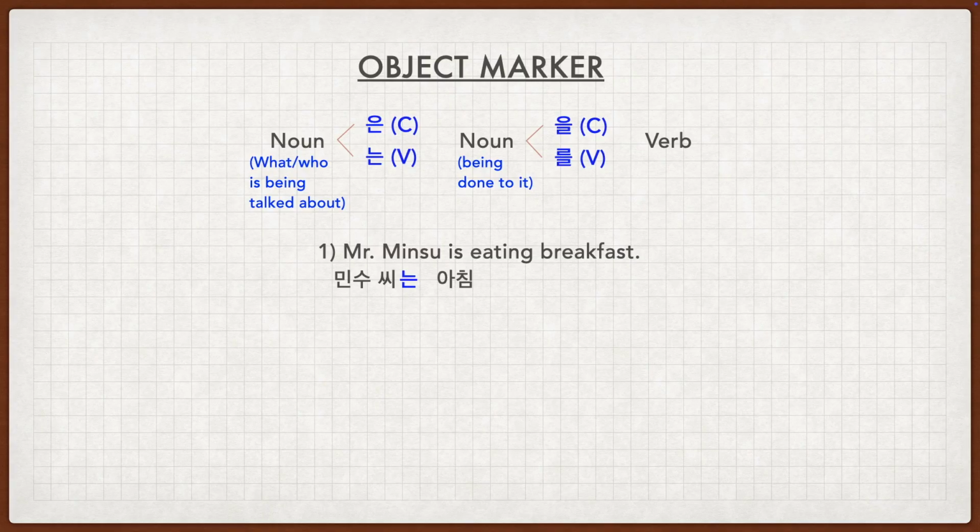And to eat, dictionary form, 먹다. From here, is eating, present tense, verb and adjective. Always need to drop the 다 and then attach the 어요 option because it doesn't have o or a. And 먹어요 is a verb. So a verb is always followed by an object marker. So after 아침, we can attach 을. So 민수 씨는 아침을 먹어요.